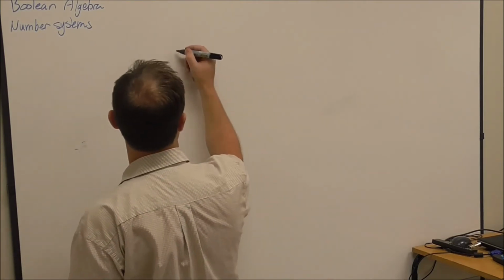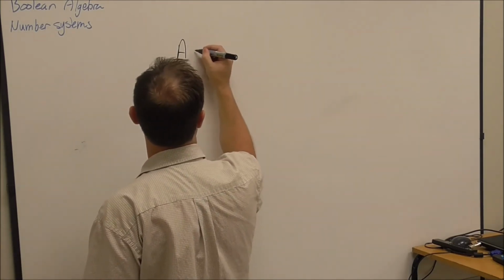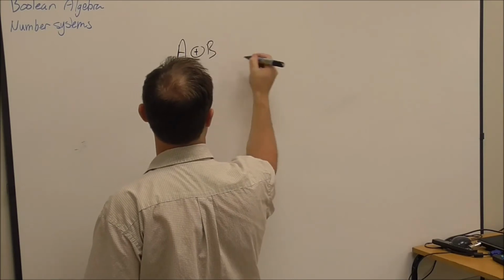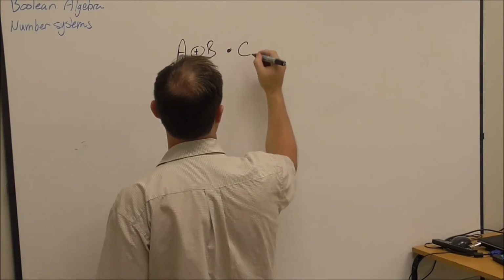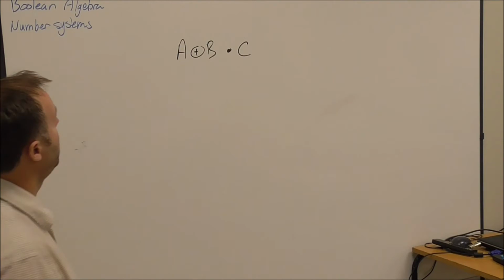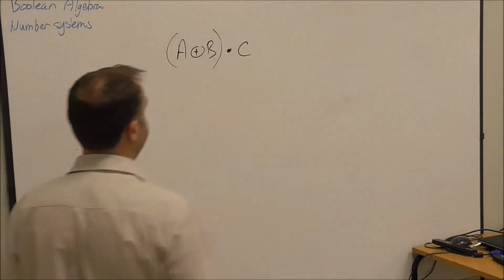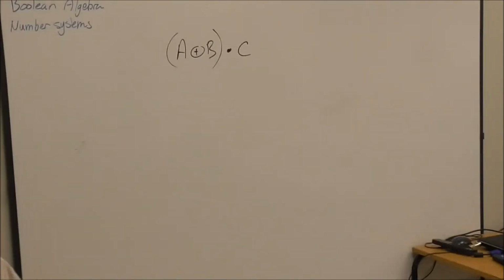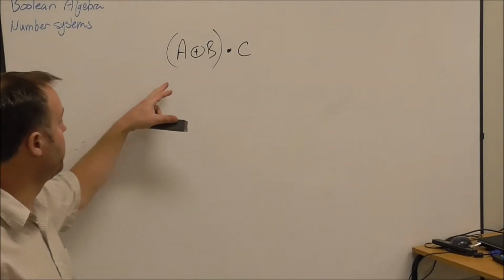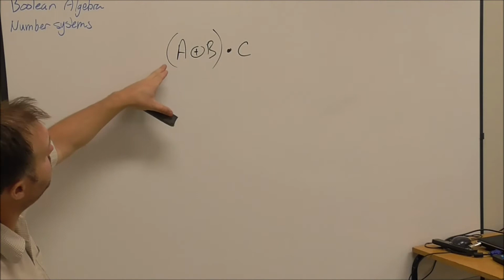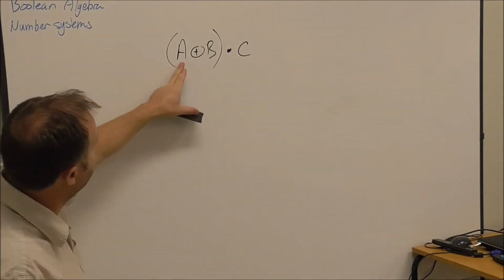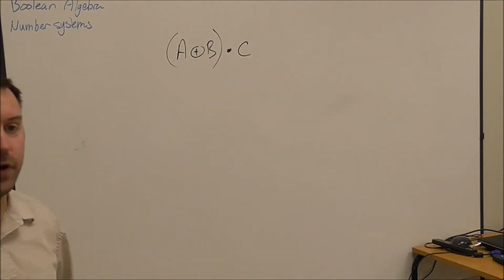So if I have A XOR B, and C, and I'm going to bracket around A XOR B like that. Not terribly different from what we had a minute ago, but you can see that A XOR B is done first.